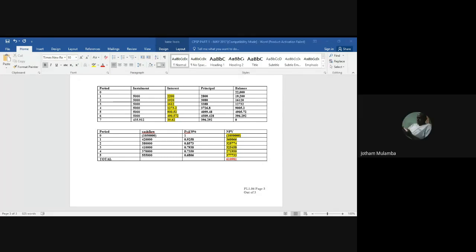Abraham, if you get a revised figure, you can still share. I'm still waiting for Abraham and Nancy and Rebecca. 645,273.